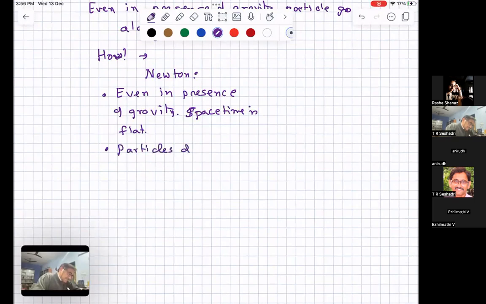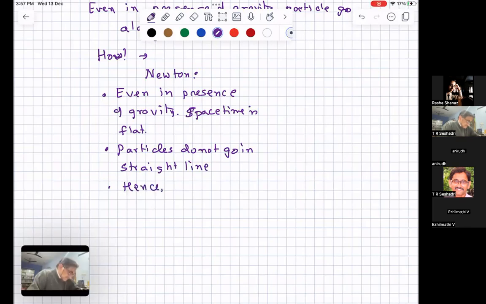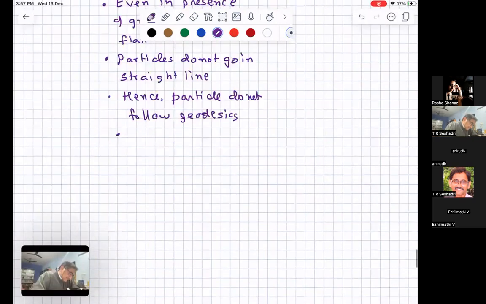Particles do not go in a straight line. Hence, particles do not follow geodesics, and they move in a non-straight line.